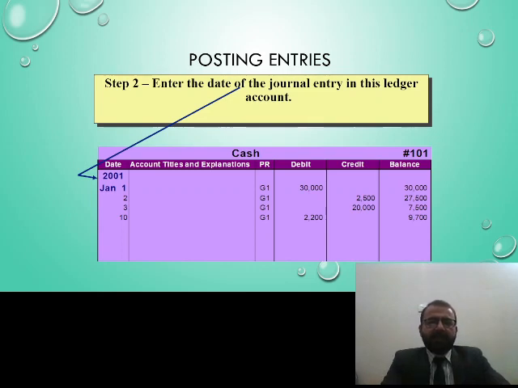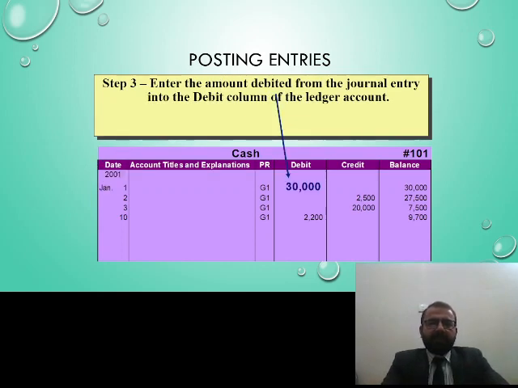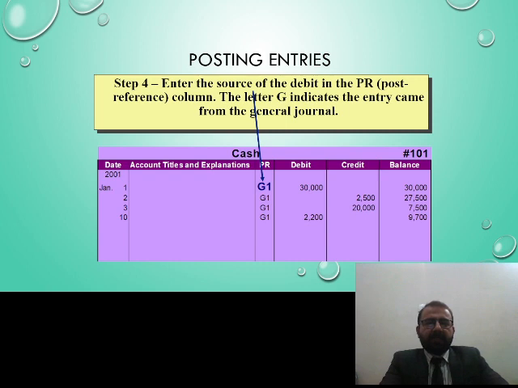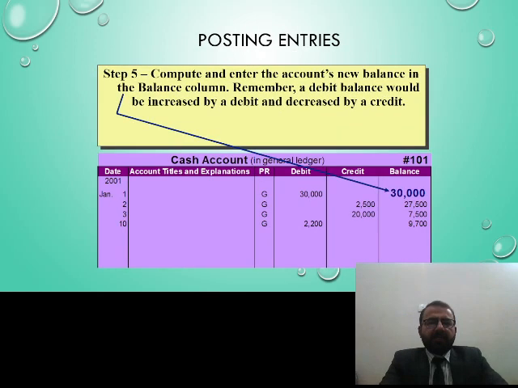Step 3. Enter the amount debited from the journal entry into the debit column of the ledger account. Step 4. Enter the source of the debit in the PR, meaning post reference, column. The letter G indicates the entry came from the general journal.